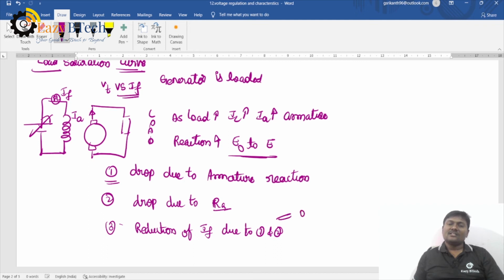But this is not there in a separately excited DC generator. Why? Because the field winding is separately excited.